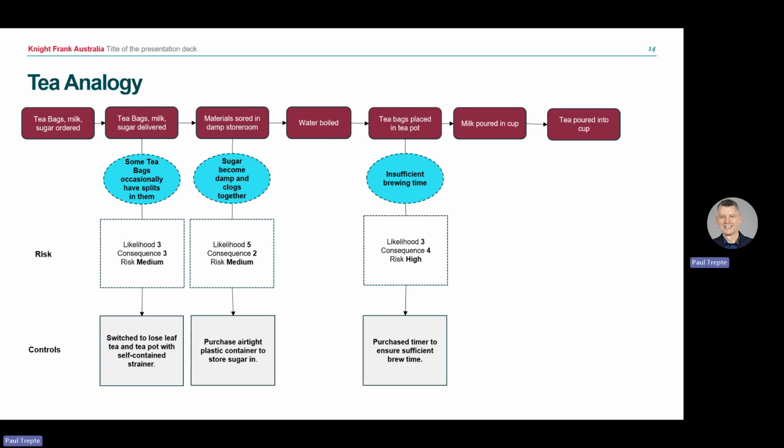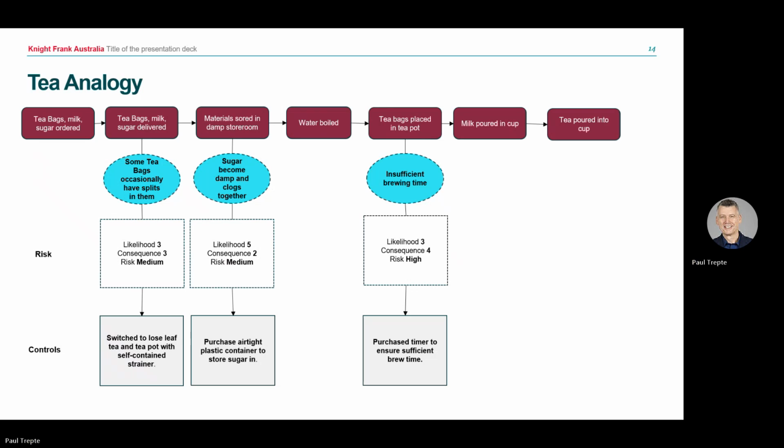And the consequence, we've identified, has been a 2. We're saying it's minor. We've had a few customers complain that because they can't put a precise number of teaspoons into their tea, it's sweeter than they would normally like it.